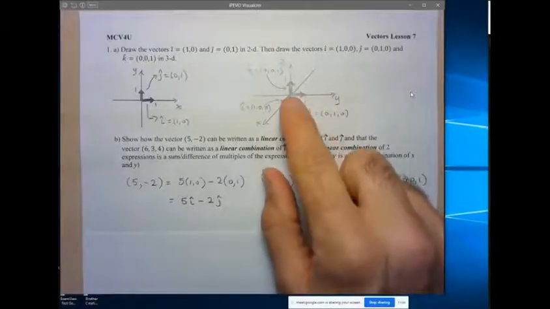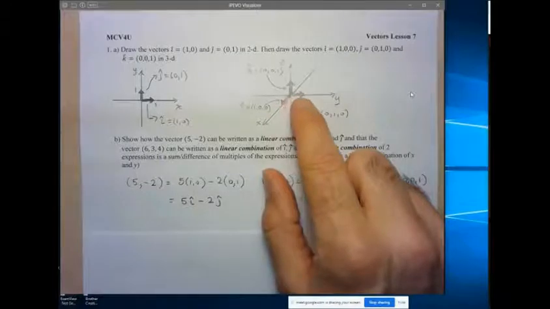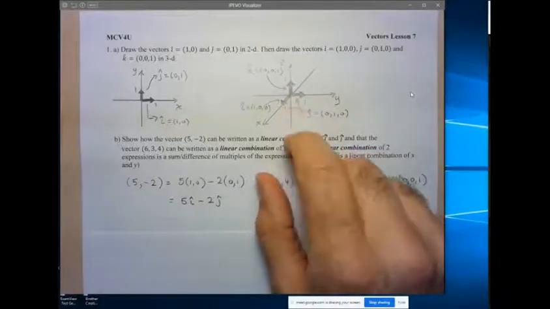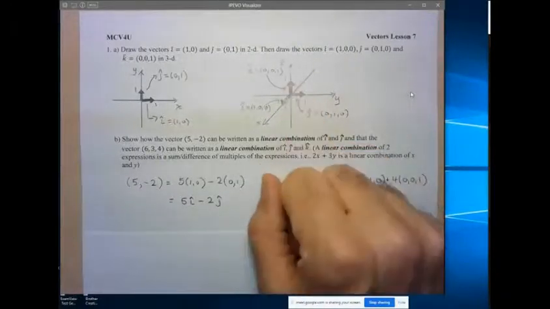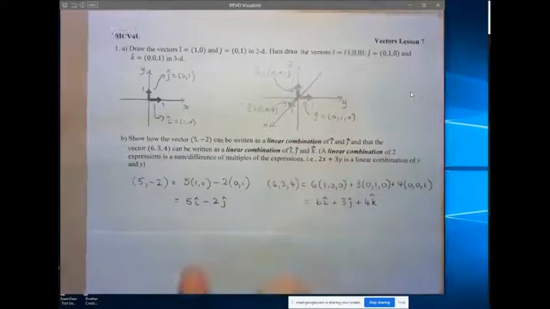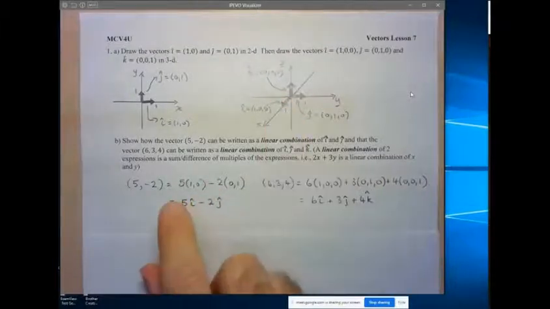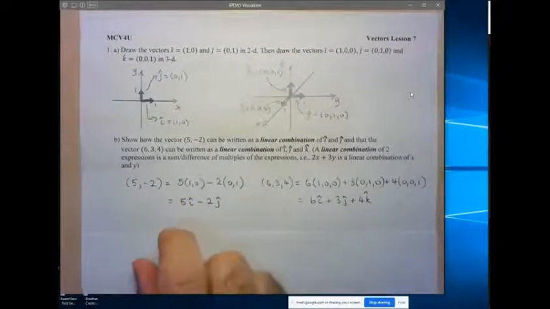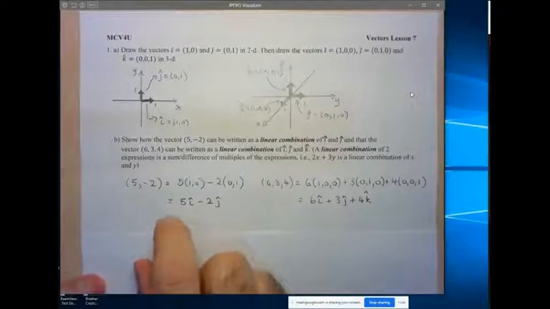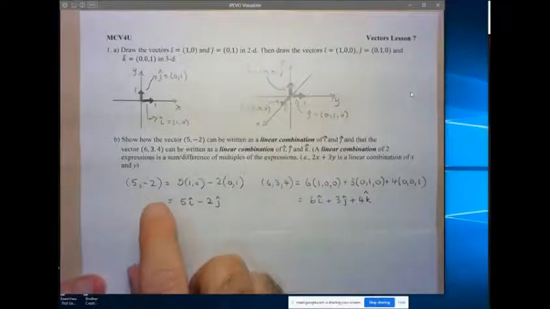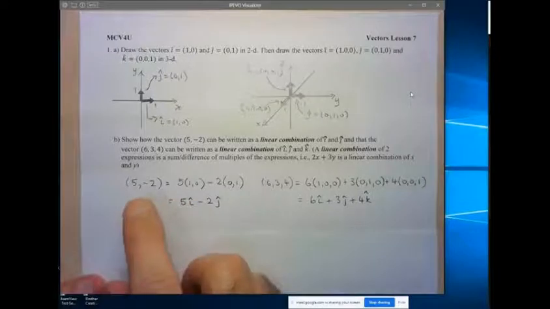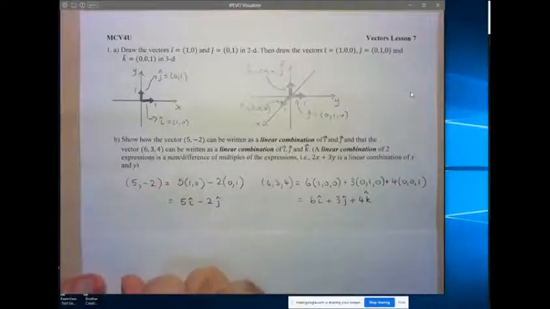The vector j, sorry, going in the y direction, (0, 1, 0), and the vector k in the z direction, (0, 0, 1). All this gives us is an alternate way to write these vectors, in other words, as a sum or difference of what we can call component vectors. And I'll say something about that in a second.